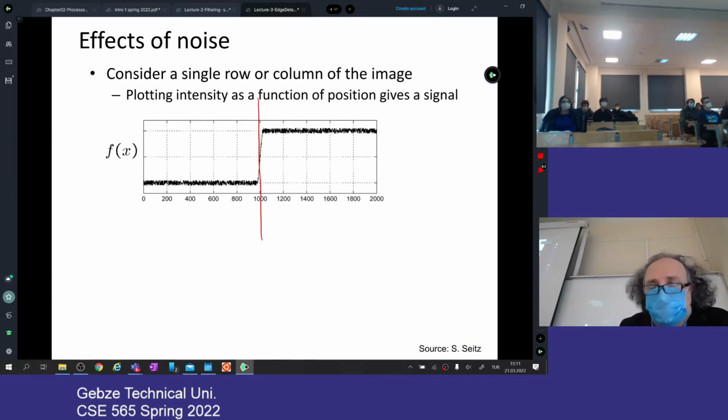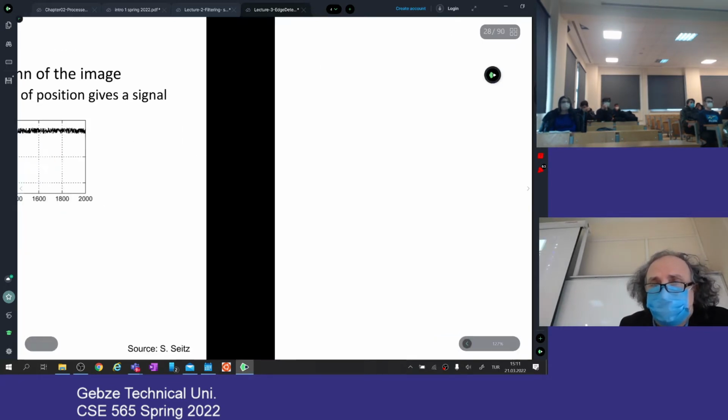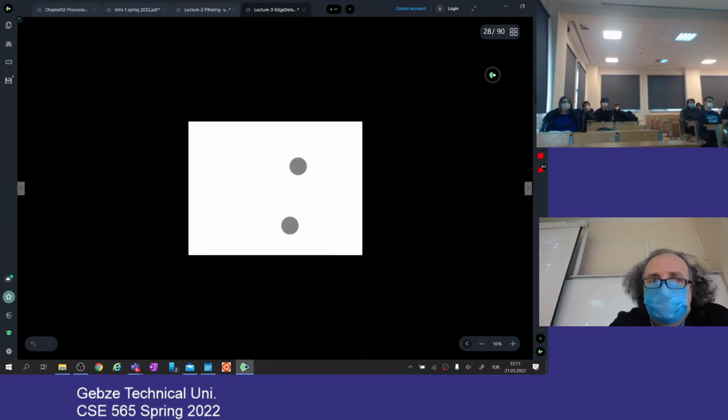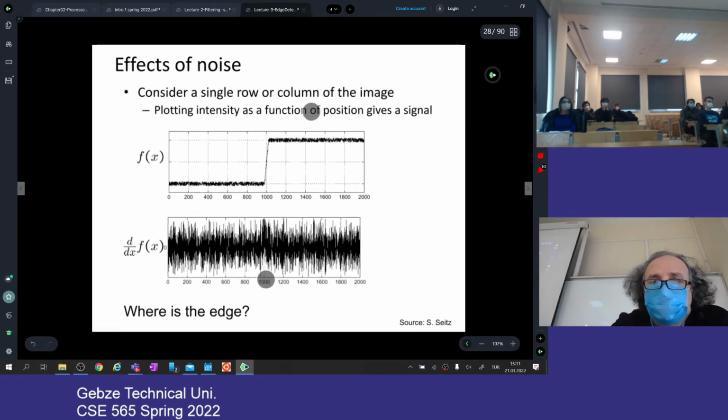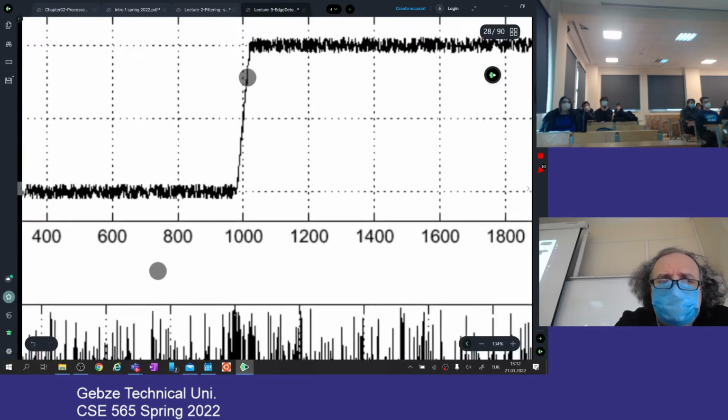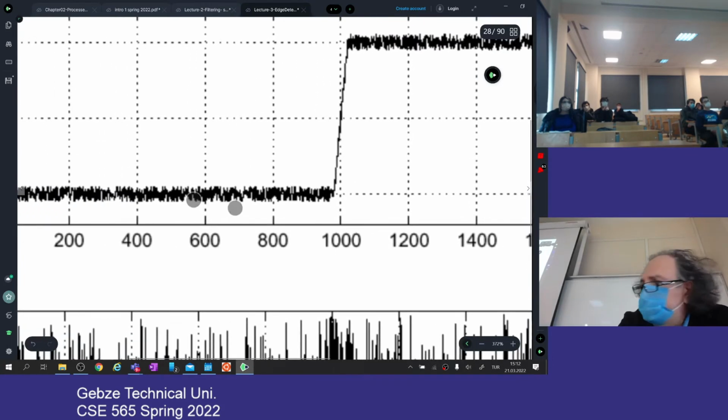But you see, when I take the derivative with a very, very fine step, you would get a result like that. Why? Because this is not a pure smooth intensity area.